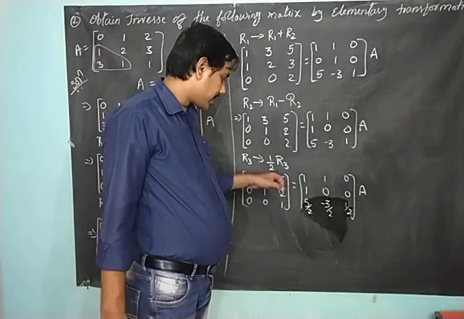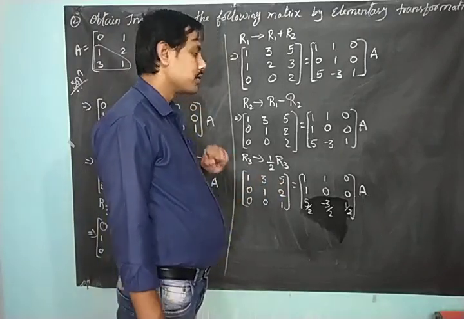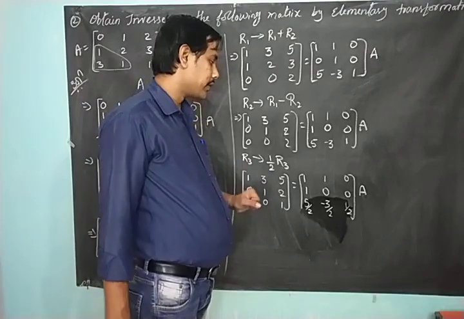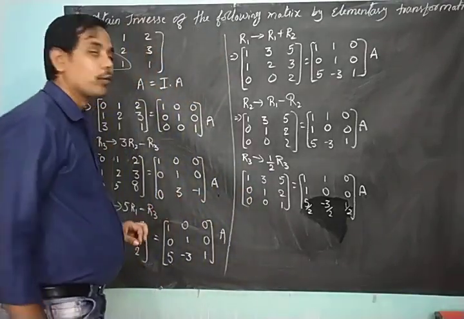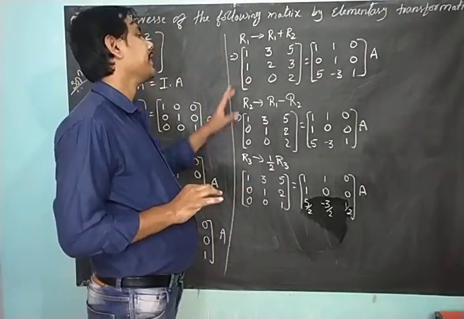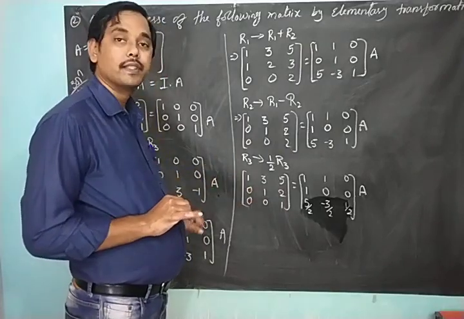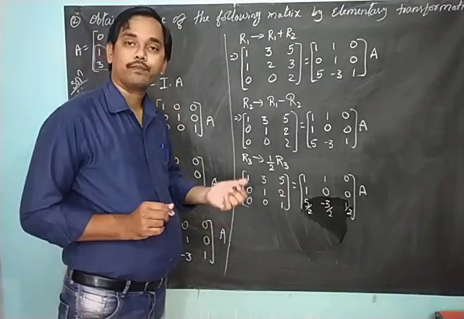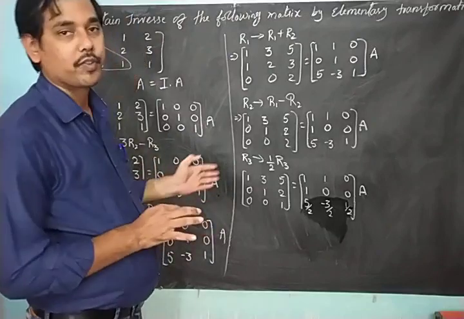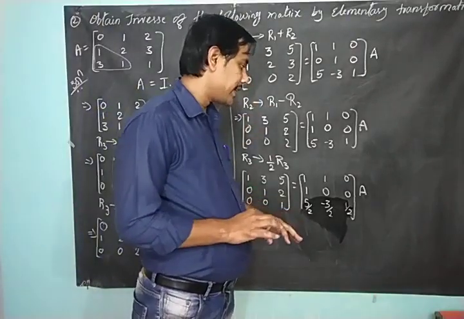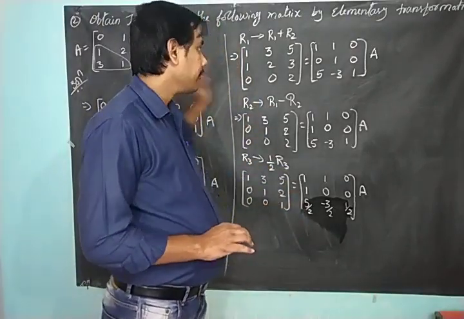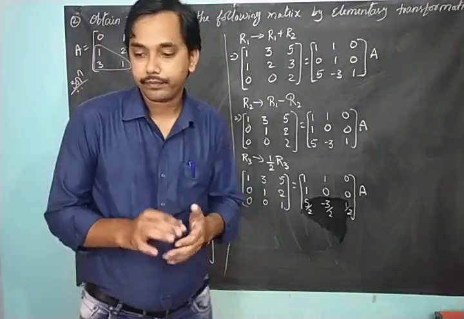Now this part is to be converted into 0. This part is to be converted into 0. So what you do is, you pause the video here, take it up to this step, then we will continue with the next step. Okay? As there is limitation of space, it requires more space. So take up to here, then we will continue with the next step.